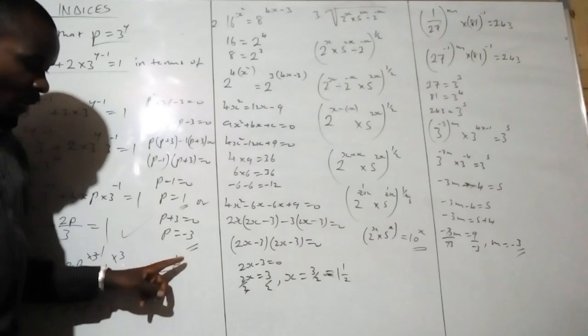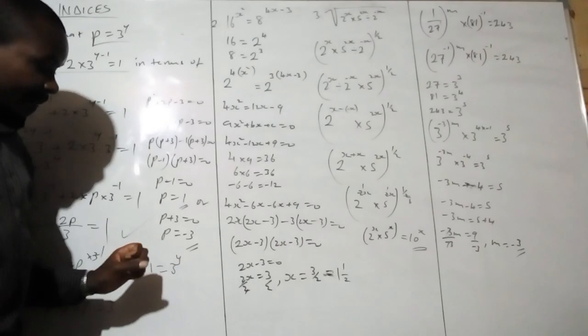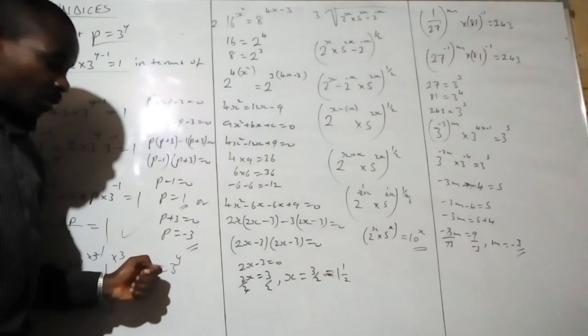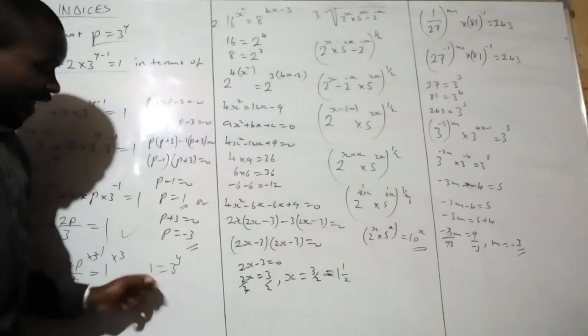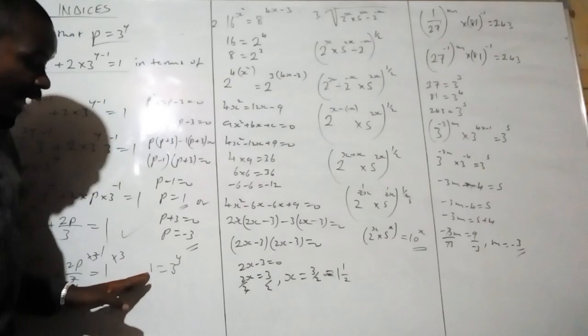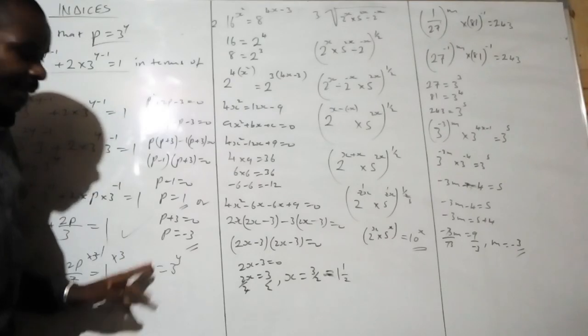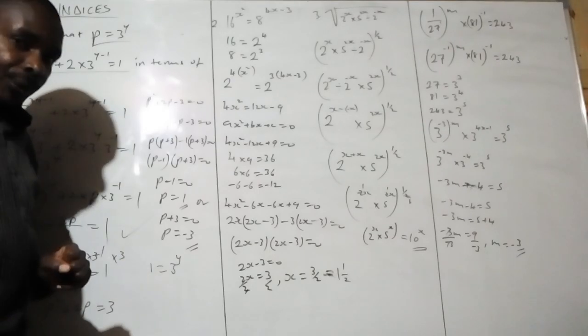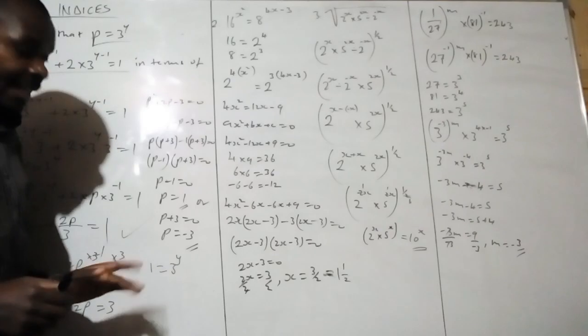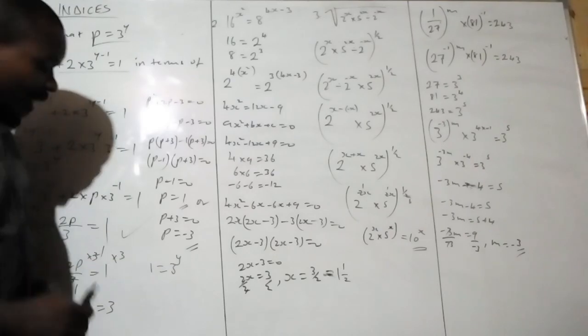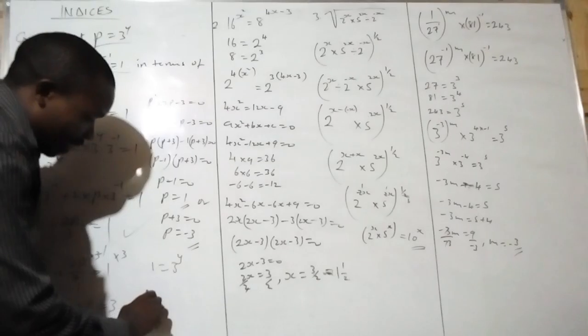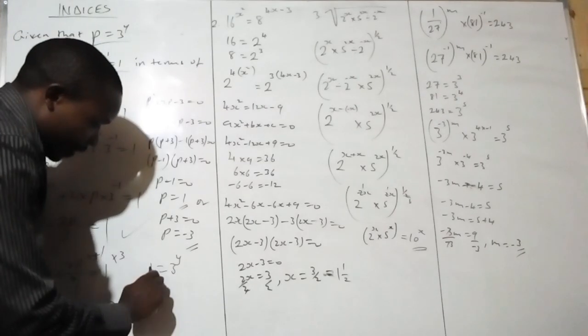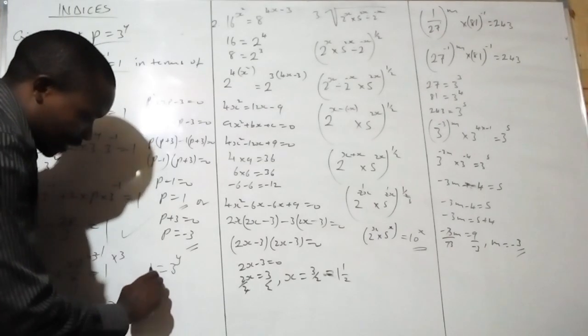Because this one will be based on the law of indices, even on my left hand side I'm supposed to have 3 raised to power something. What you're supposed to know is that any number raised to power 0 is 1. Which means here I'm supposed to have 3 raised to power 0 where we have 1, so that 3 raised to power 0 is equals to 3 raised to power y.